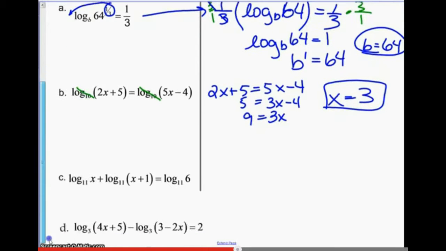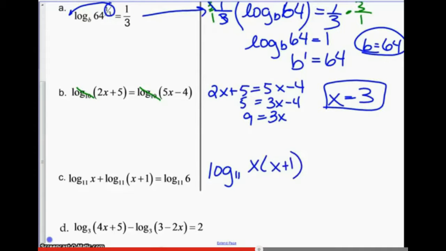Let's do another one. Now we have addition, and we have log base 11 of x plus log base 11 of x plus 1 equals log base 11 of 6. Well, addition, if you remember, is interchangeable with multiplication. So I'm going to say log base 11 of x times x plus 1.